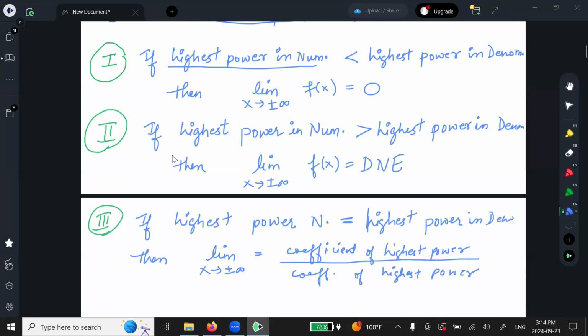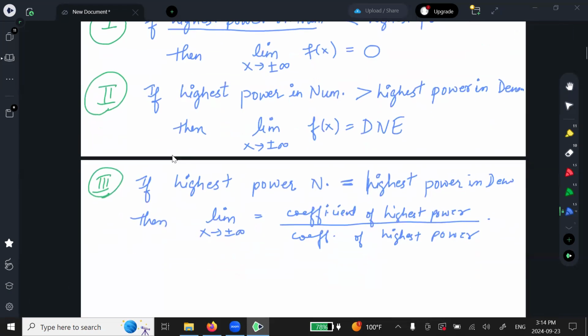Now, you will not need to show any work if you get a question like this in exam. These were the 3 rules that I talked about.